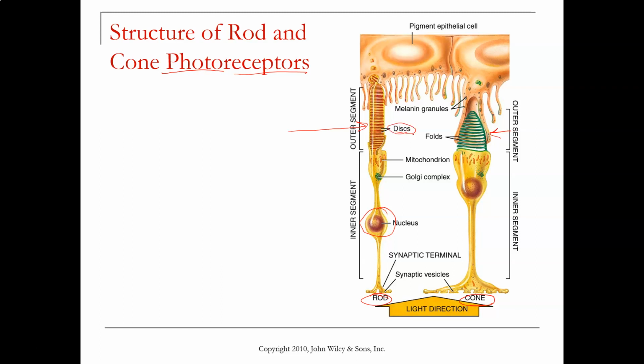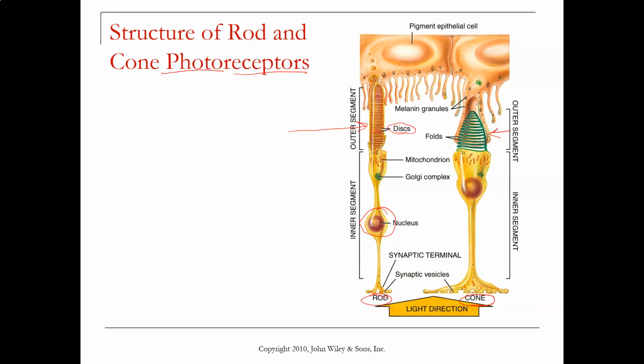So these discs, or photopigments, in the eye are important because they are the link between the light hitting them and then opening ion gates to cause graded potentials and action potentials. So they have a very important role in how the photoreceptors work.